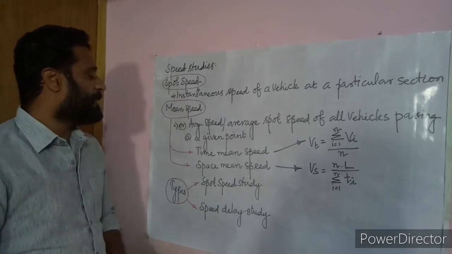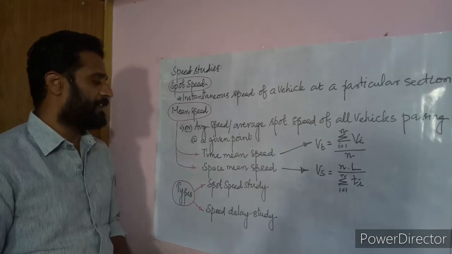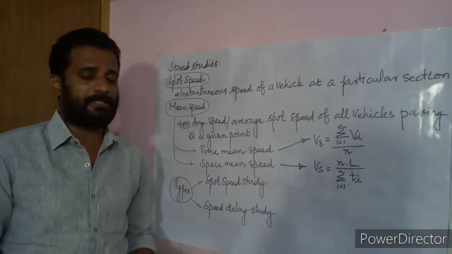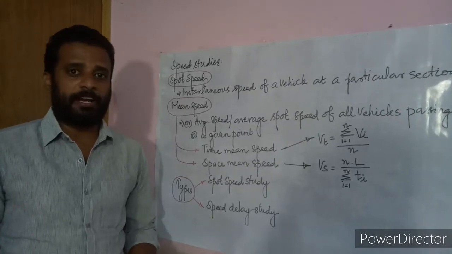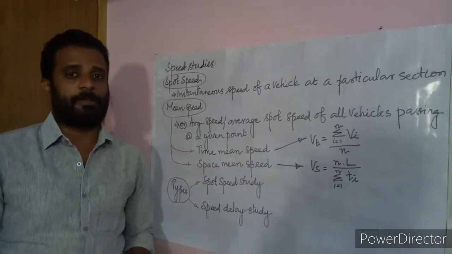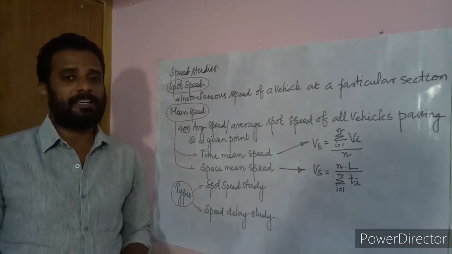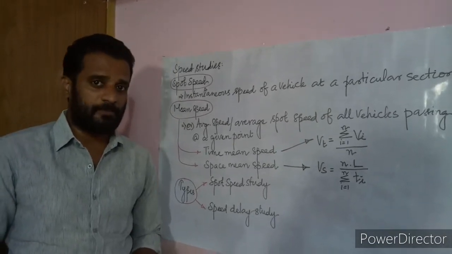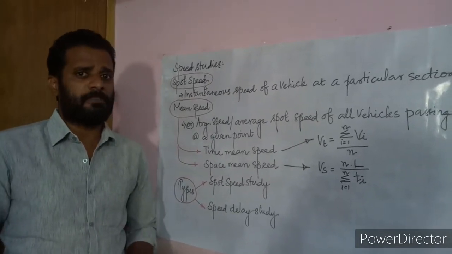Mean speed is the average of the spot speeds of all the vehicles passing at a given point. As I said, the given point may be an intersection or a road or a grade separation, whatever it may be. At the point of interest, a number of vehicles will be passing. We can't say that only 20 vehicles or 10 vehicles will pass; lots and lots of vehicles will pass.